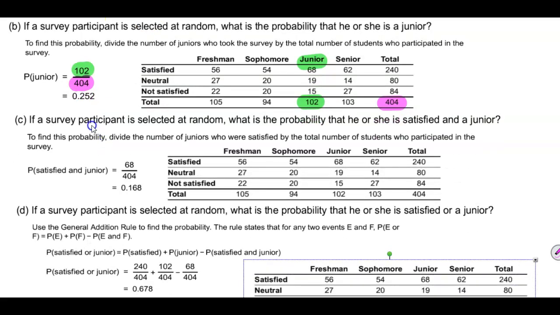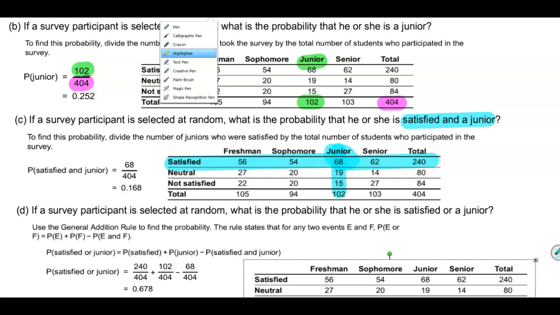Now the next question states that if a survey participant is selected at random, what is the probability that he or she is satisfied and a junior? So we're looking at satisfied and a junior. That's the row, and then that is the column, but where do they intersect?